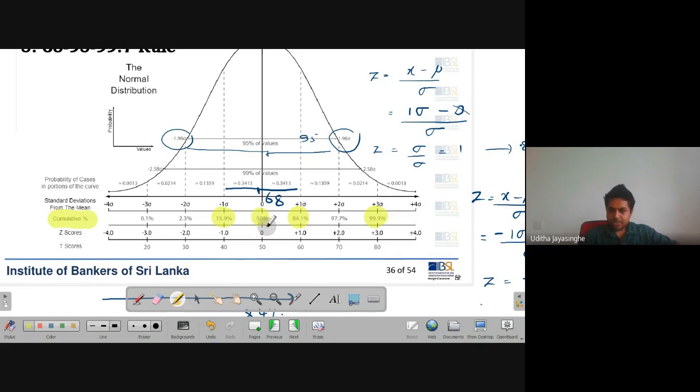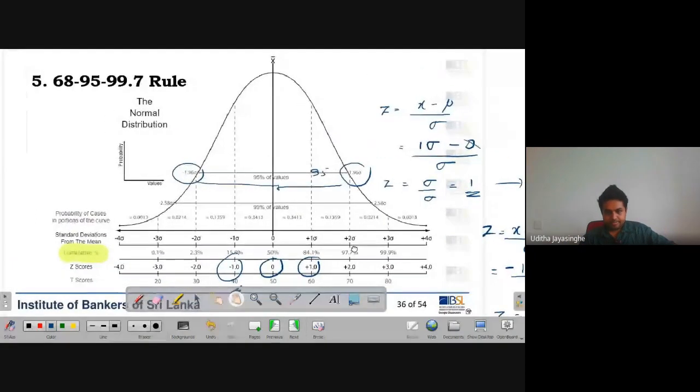So for the Z scores, if you look at individual Z scores, this is going to be 0, and this value is going to be 1, this positive 1. This value is going to be negative 1, that is the negative 1 I just calculated. Likewise, your Z's are how many standard deviations away from the mean.